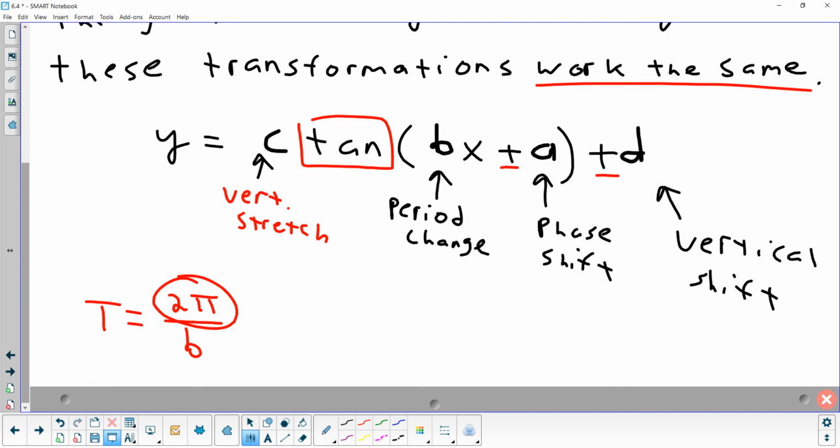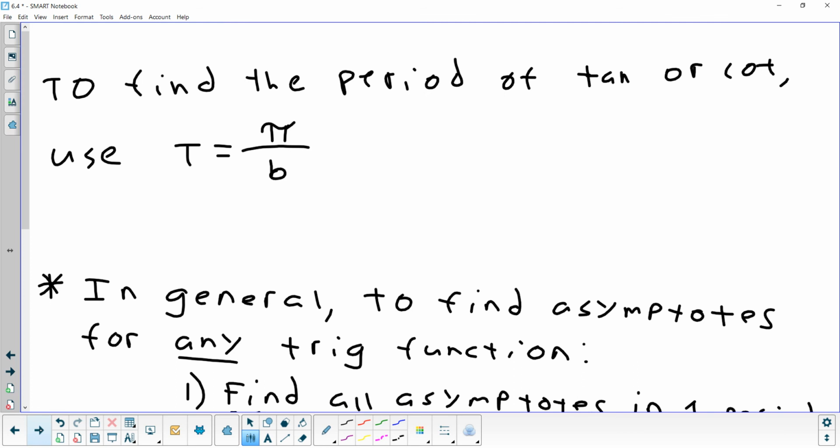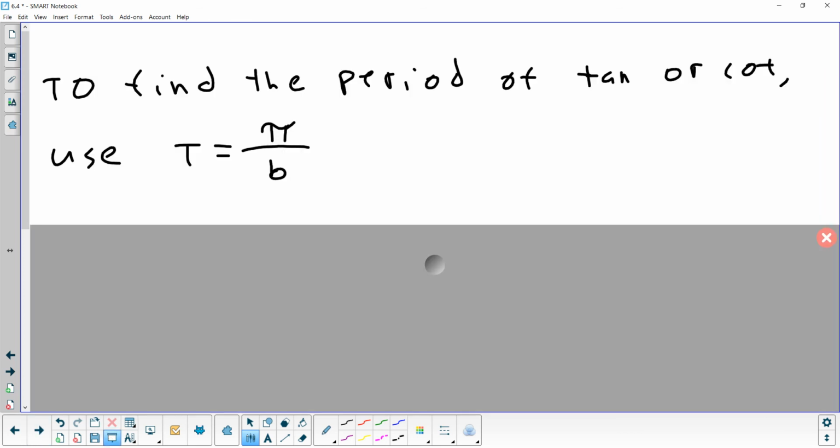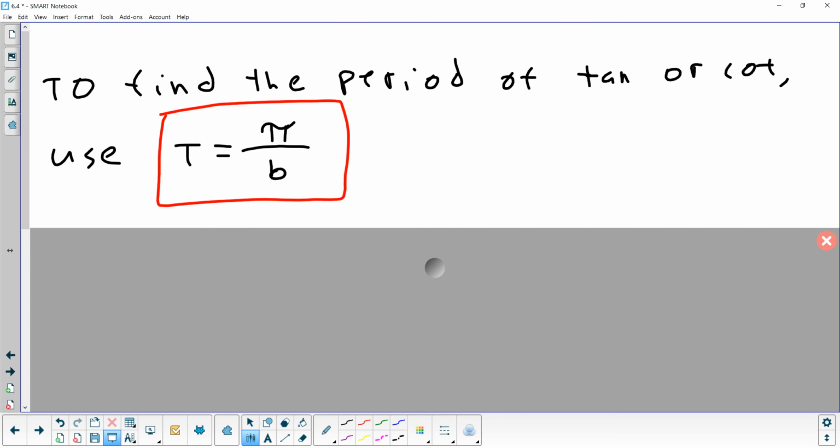Pi. So if you want to find the period of tangent or cotangent, you're not going to use 2 pi over B. That's for sine and cosine. It's also for secant and cosecant.